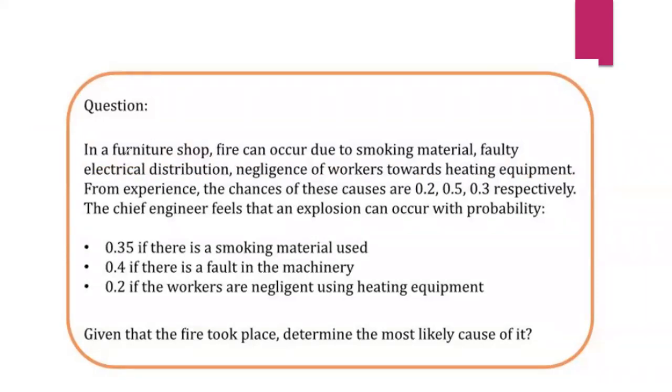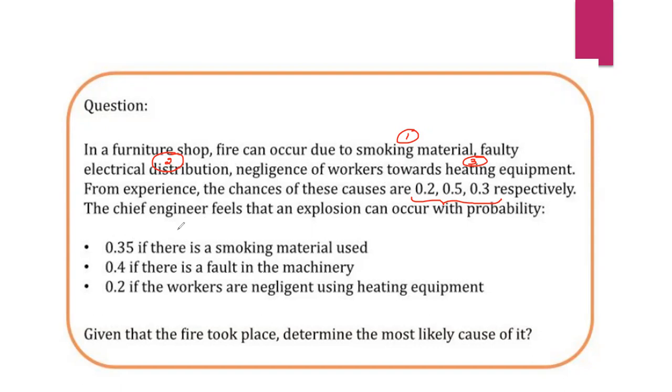The question is: in a furniture shop, a fire occurred due to smoking material, faulty electrical distribution, or negligence of workers towards heating equipment. From past experience, the chances are 0.2, 0.5, 0.3 respectively. 0.2 is for smoking material, 0.5 for faulty electrical distribution, and 0.3 is the third one.